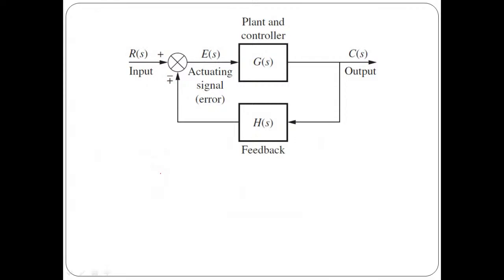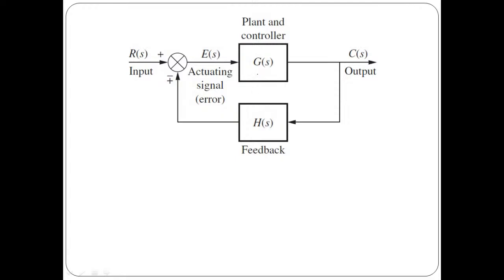Now this indicates the general representation of a closed loop control system where we have controller and plant. As we have discussed, the plant is the portion of a system whose function is to be controlled. And the controller is the element through which we are going to control the function of the plant.